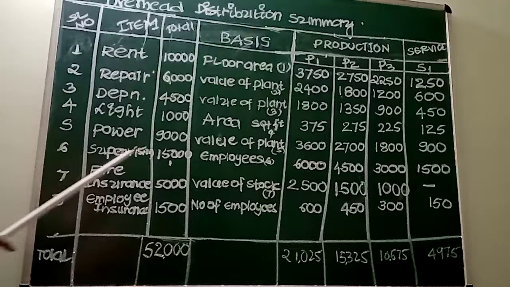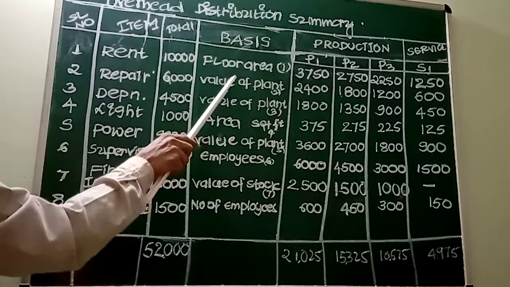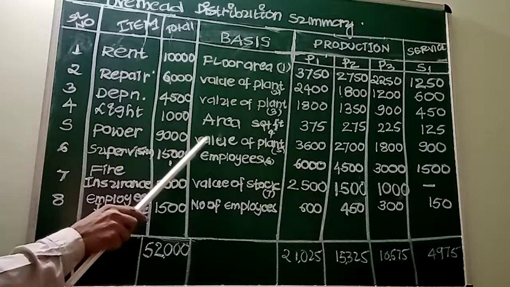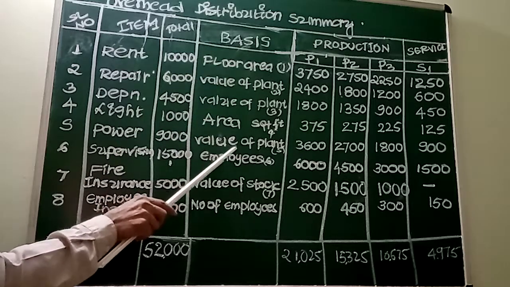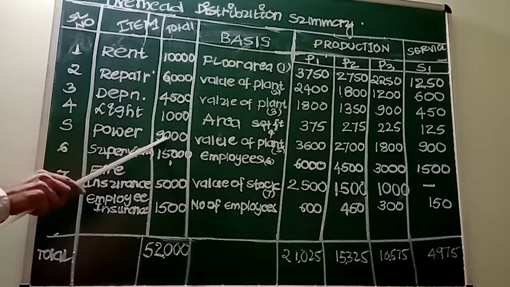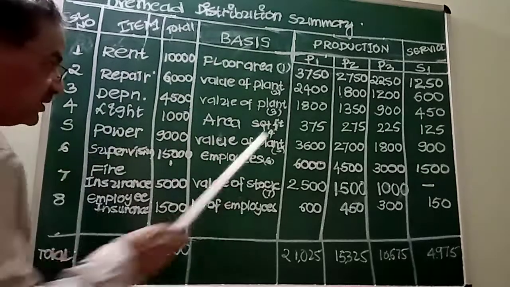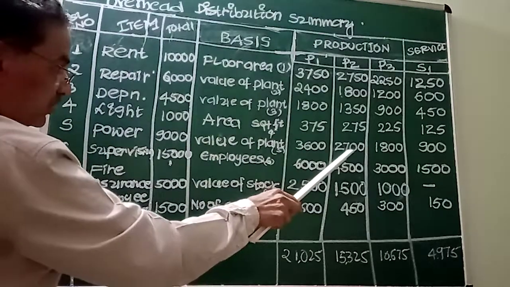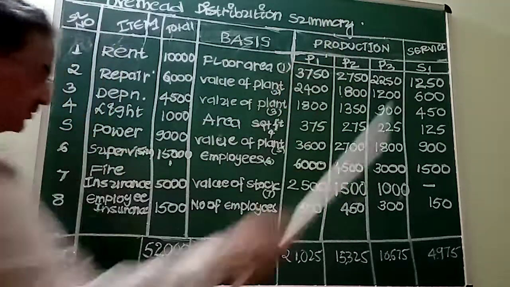Here the value of the plant and machinery is already given and we had already used this for two other items. So the same ratio, 4 is to 3 is to 2 is to 1. If you divide 9,000 rupees in that ratio, you get 3,600, 2,700, 1,800 and 900.